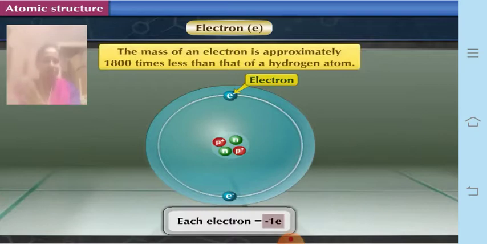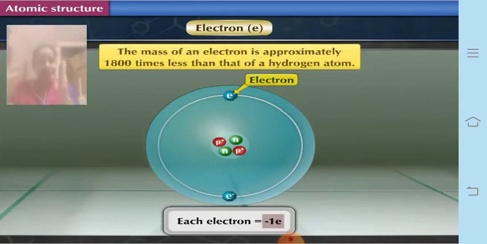The proton carries a positive charge, the electron carries a negative charge, and charge is measured in the unit coulombs. Whereas mass is measured in terms of one unified mass or one Dalton. And the mass of an electron is approximately 1800 times less than that of a hydrogen atom.